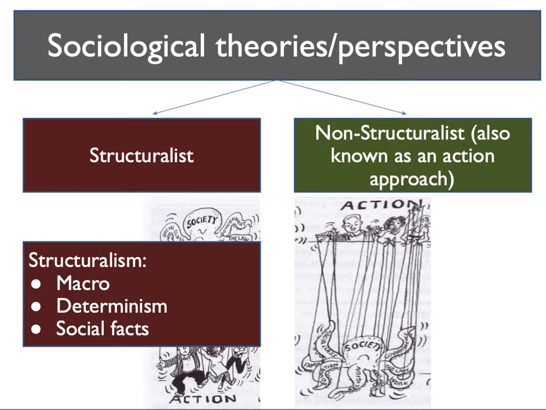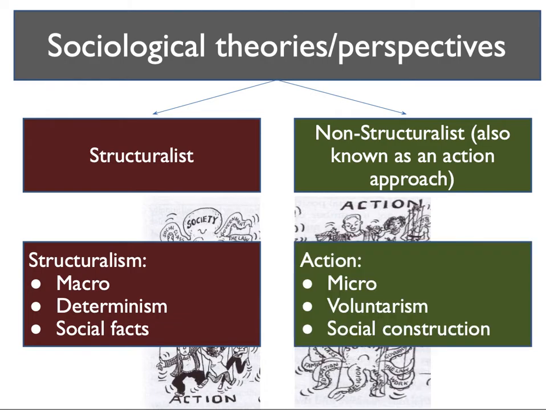From our list of 9 terms, we can safely say that they're both a theory, and from the remaining 8, the 4 linked to the structuralist approaches are structuralism, obviously you're probably saying, macro, determinism, and social facts. And to link to action approaches, again, action, obvious you might say, micro, voluntarism, and social construction.